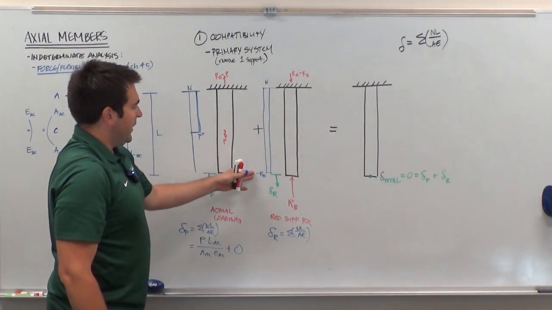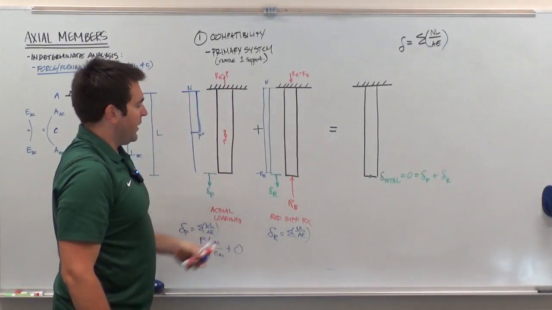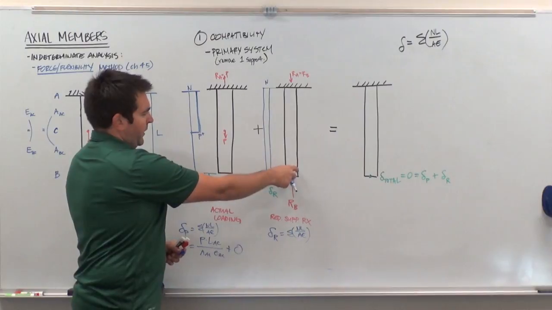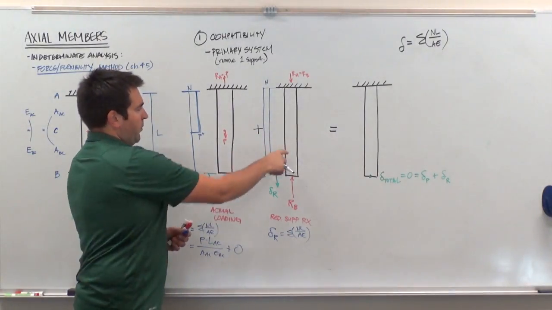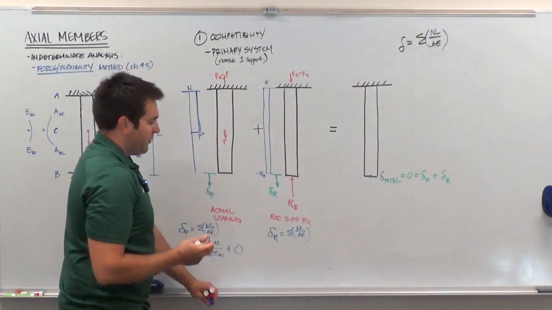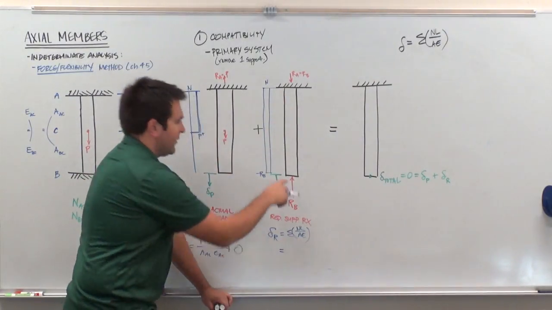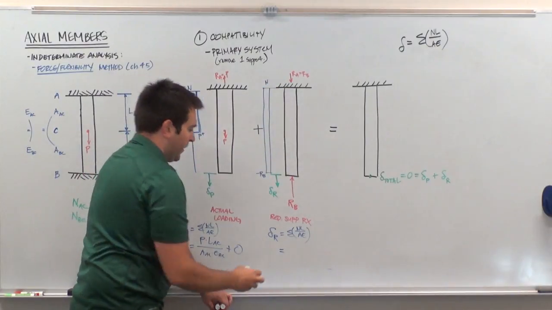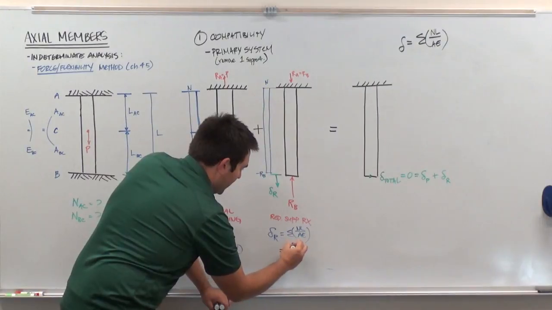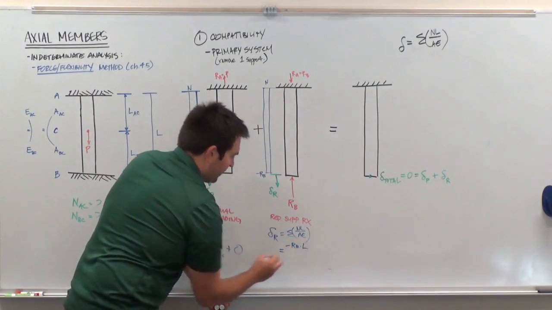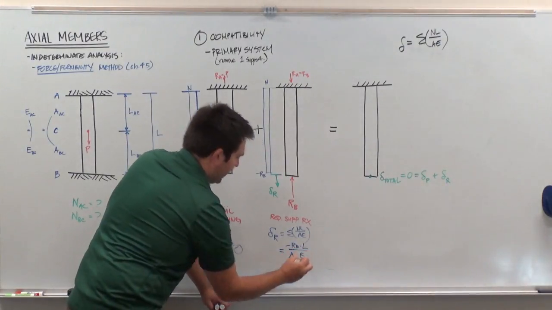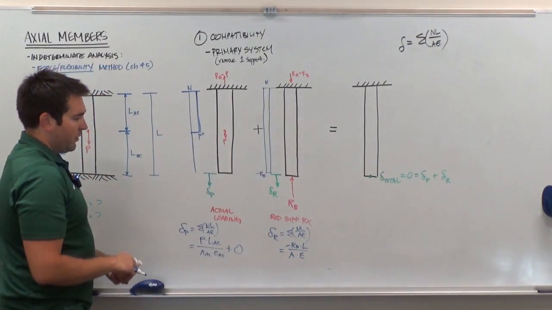Here I have a constant normal force the entire height of this column. Because the cross-sectional area for both the top and the bottom are the same, and the modulus of elasticity is the same for the top and the bottom, I can just say the length is the entire length of this member, and the internal normal force is equal to minus R sub B, times the total length divided by, I'll just say A and E now because they're the same whether it's AC or BC.